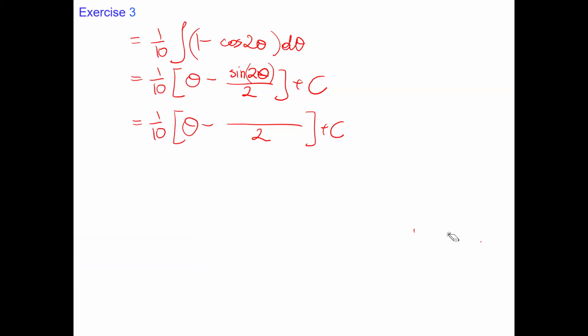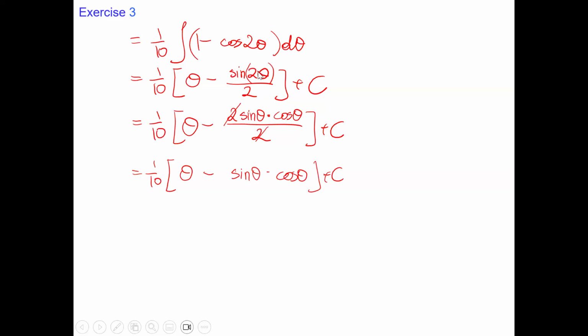We know double angle is not the same as single. But we know the formula: sine of 2 theta is equal to 2 sine of single theta times cosine of single theta. We can cancel out. That means what we need is theta, sine theta and cosine theta. Now we can use the triangle and get the ratio, but we will not get sine of 2 theta.